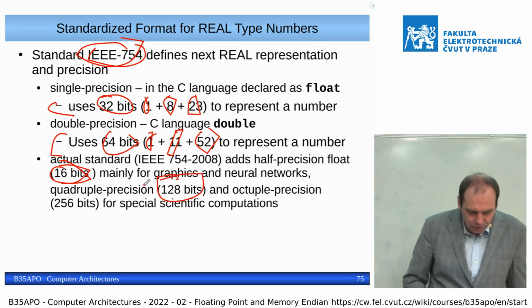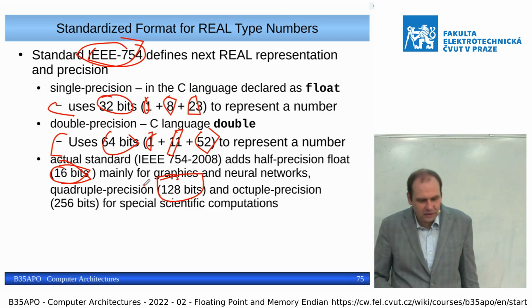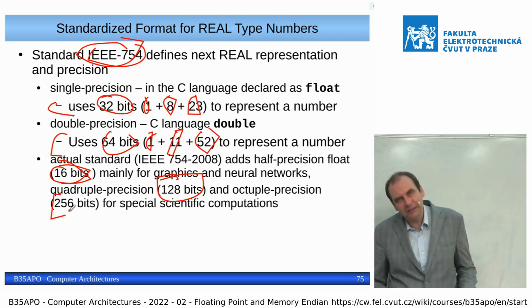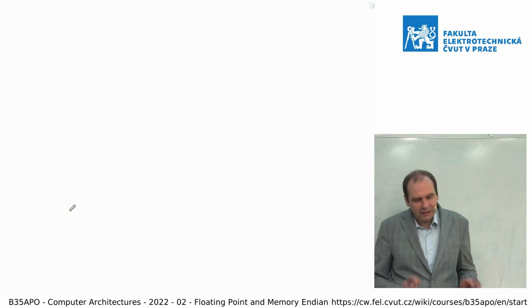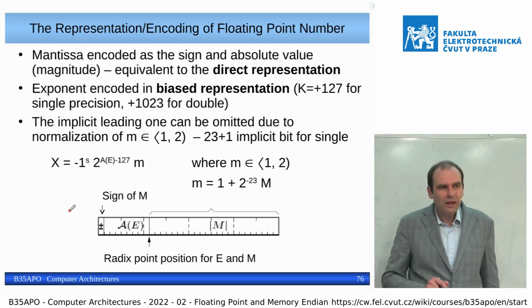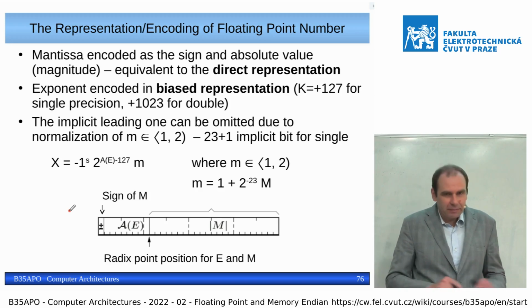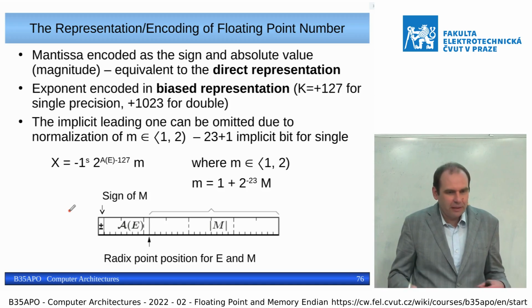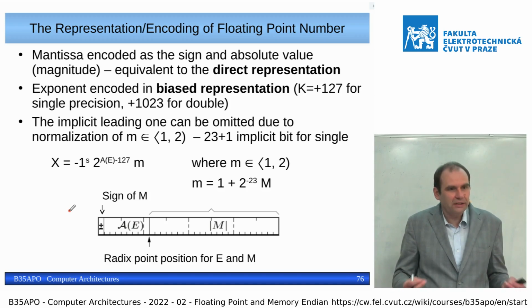Sometimes we can use 128-bit representation and 256-bit representation. It is quite complex and it is usually not provided directly by the hardware. But you can build arithmetic in the CPU which can compute with arbitrary precision. But you need many bits and you do not have directly an instruction for it.